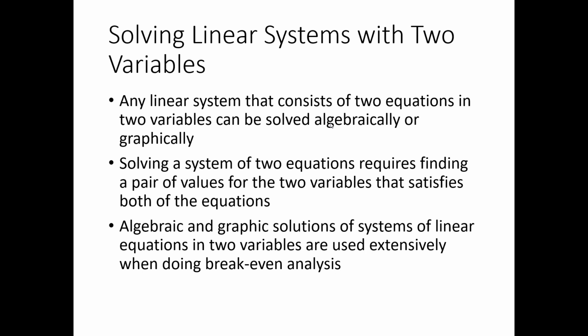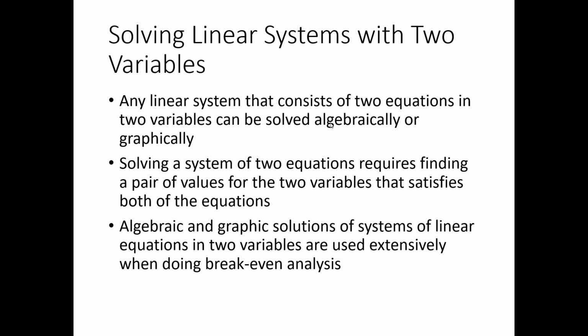So we learned in Unit 2 that if you had two equations and two unknowns, you could solve that for a unique solution. Just like if you have one equation and one unknown, you can solve that for a unique solution. And then as you expand out, three equations, three unknowns, four equations, four unknowns, and so on. So when we solve for these systems of linear equations, essentially we're finding the intersection of the two lines, right?